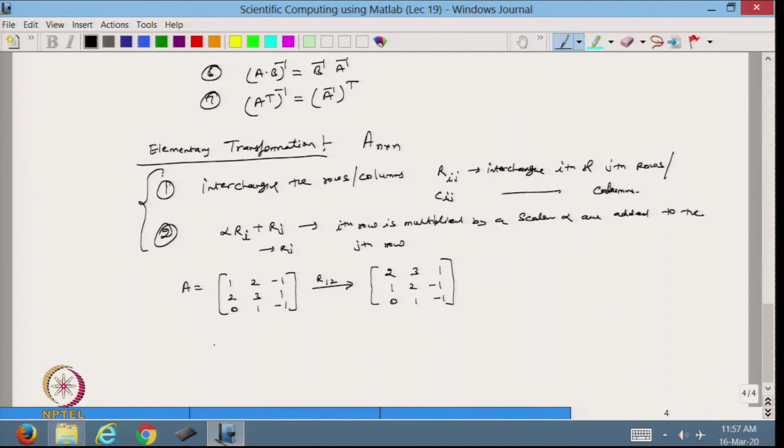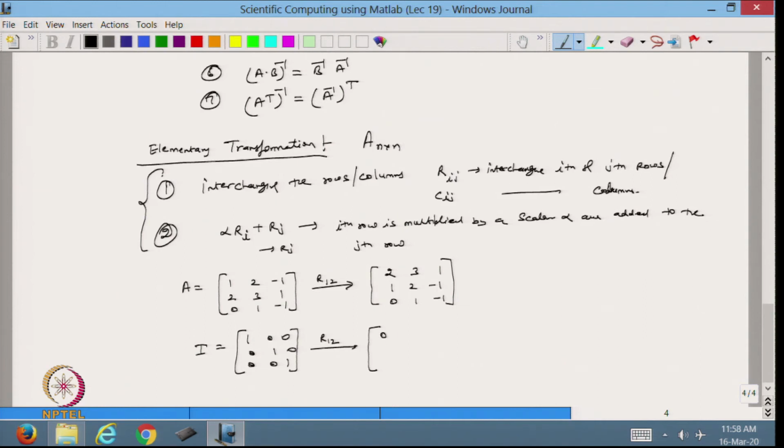But what I can do is take a unit matrix, the identity matrix I, which is 1 0 0, 0 1 0, 0 0 1, and apply the same process R_12.